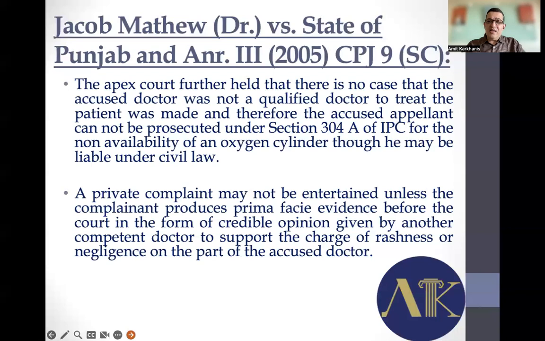And as far as civil courts are concerned, there is no compulsion on the courts to take the medical opinion from any government hospital. It is the court's discretion.